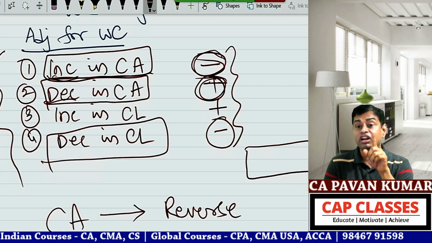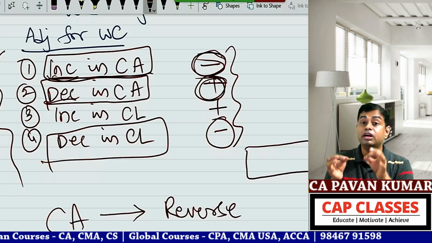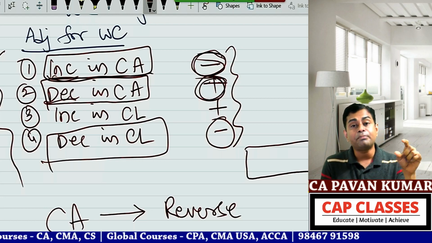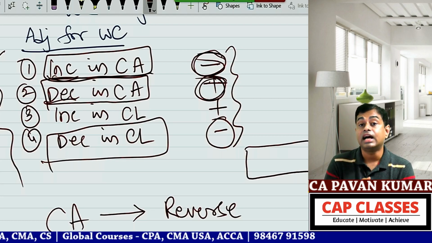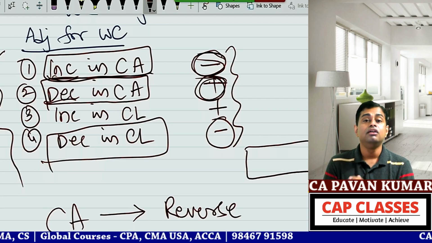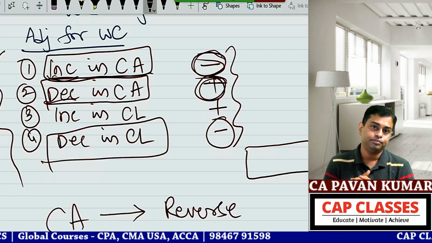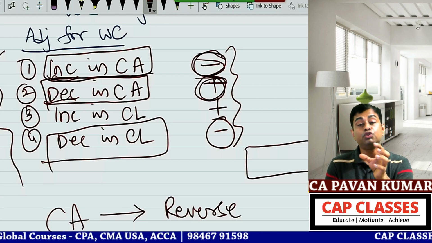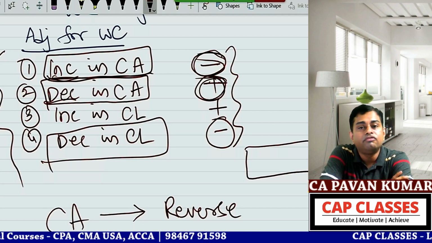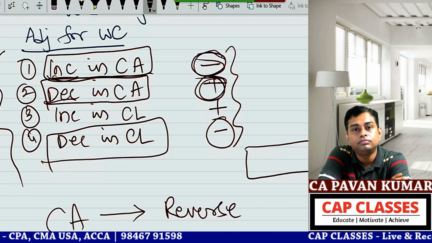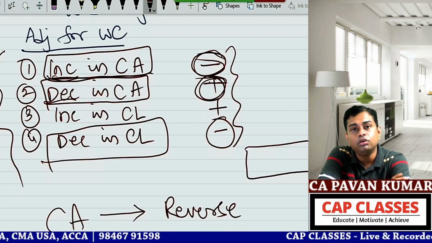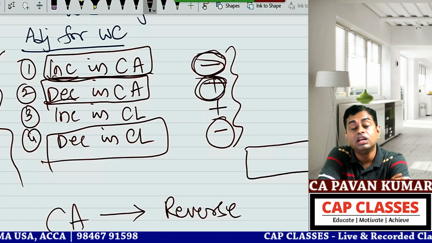If any extraordinary item is there, that should be shown as a separate line item. For example, a fire accident. Insurance received due to fire accident. Insurance received is cash inflow, no? Insurance claim received is cash inflow. That you should show separately.